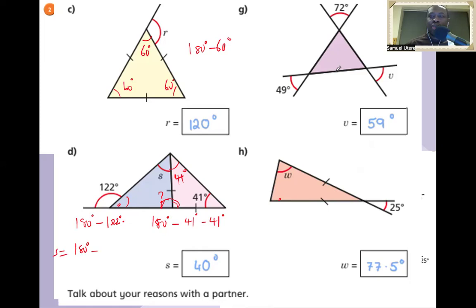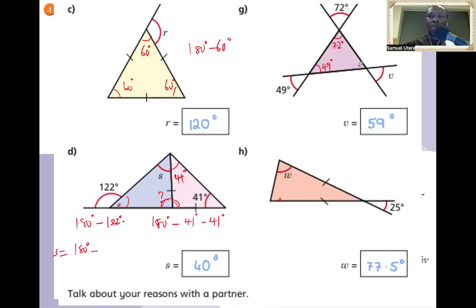For G, we know that we're going to get vertically opposite angles. We're asked to find angle V. So we know that this will be 49 degrees, and that will be 72 degrees.